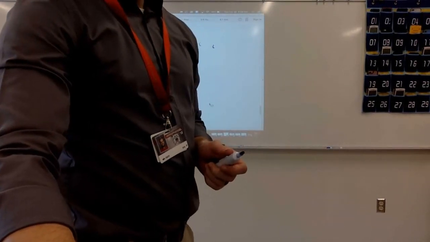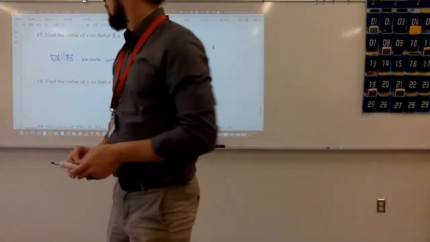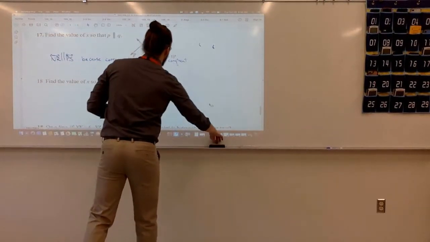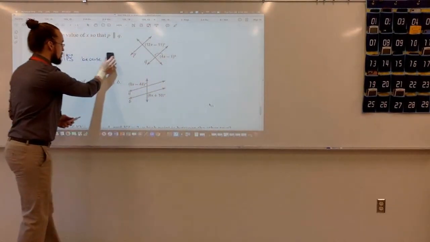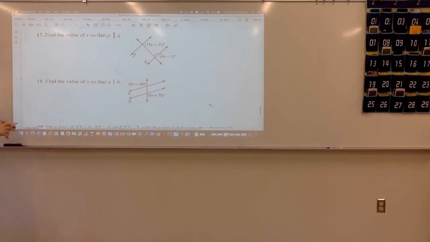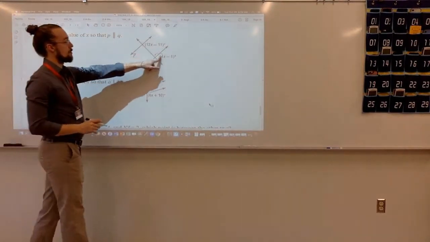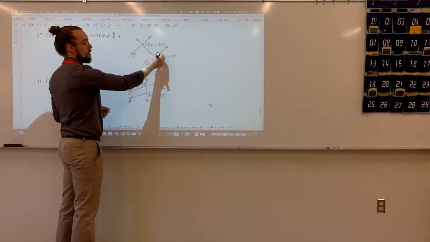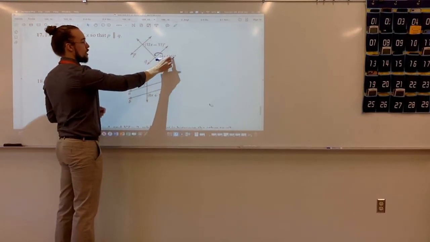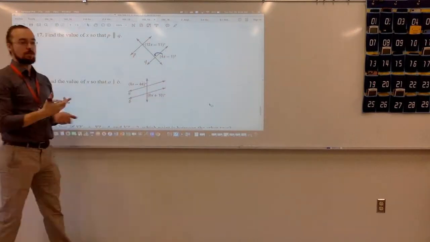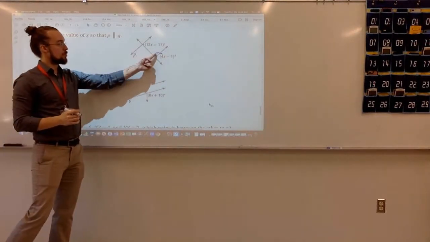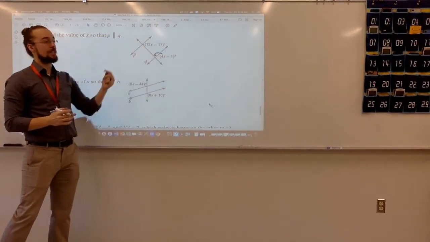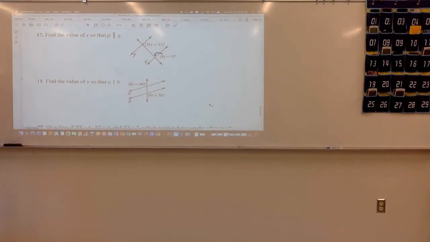The next few, we're just setting up and solving equations based on the relationships in the picture. So in number 17 here, I'm looking at these two angles. There's an arrow showing that 4x minus 1 is this angle right here. These are consecutive interior angles, so they would add to 180.